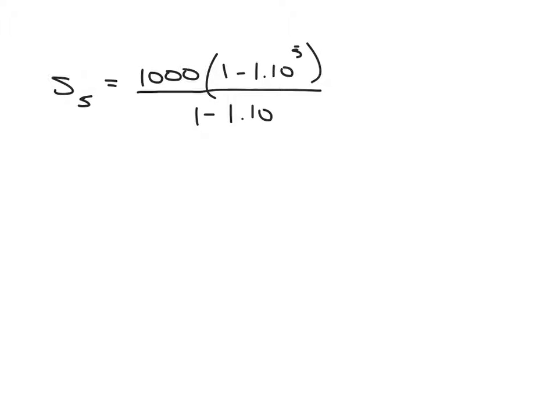And we're able to solve that. And when we solve it, we do get our answer, 6105.10. That's our dollars. Okay, so remember when you're finding the ratio, it's going to be the interest rate plus 1.